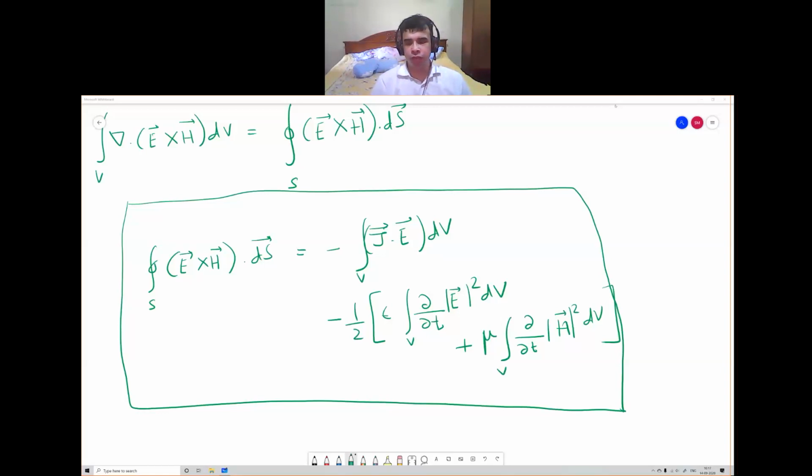What will be the direction of E cross H? Can you tell me first of all? It will be perpendicular to both E and H. And what else? What other thing is perpendicular to both E and H?